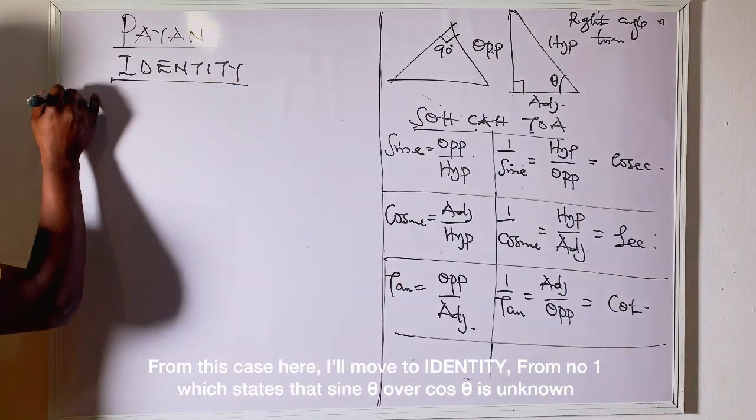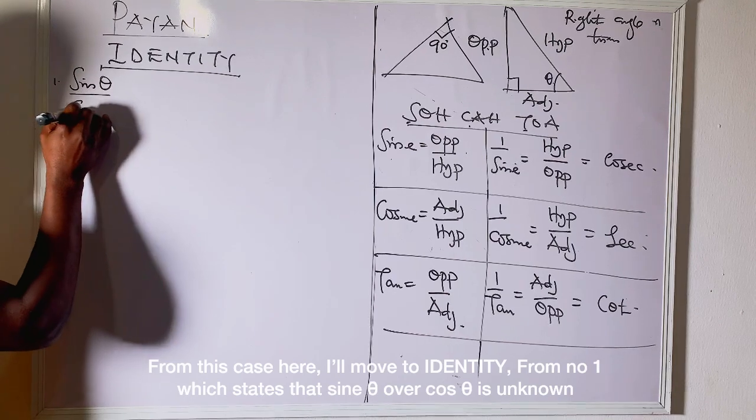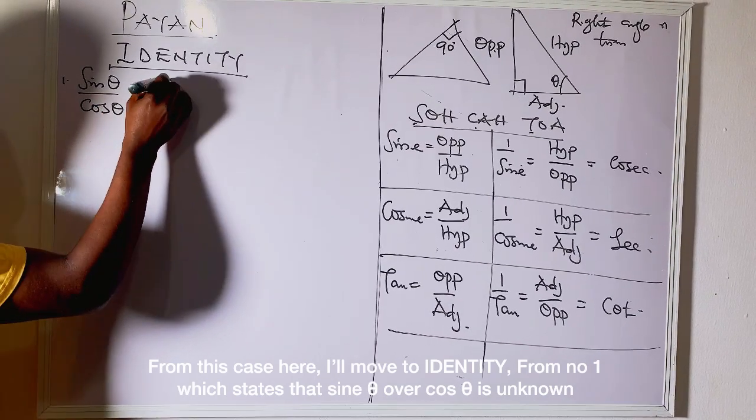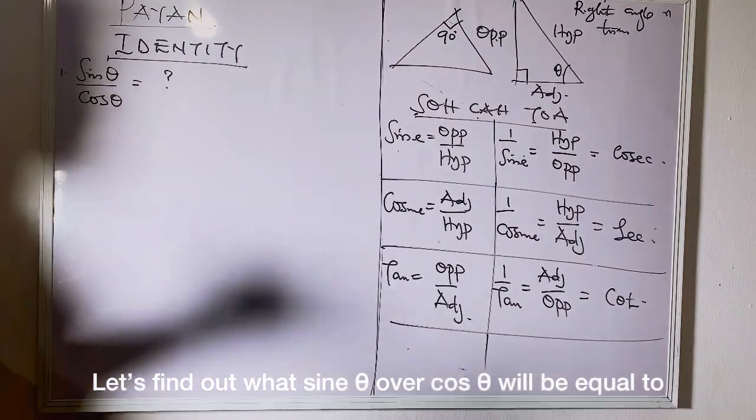Number one states that sine theta over cos theta equals unknown. Let's find out what sine theta over cos theta will give us.